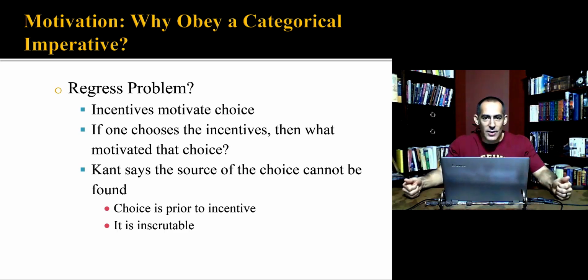But Kant actually believes choice comes prior to the incentives. And that just seems weird, that there's nothing moving our choice. But again, I think that's his point, that our choice is completely free. So Kant says the source of the choice can't be found. You can look, you're never going to find it.